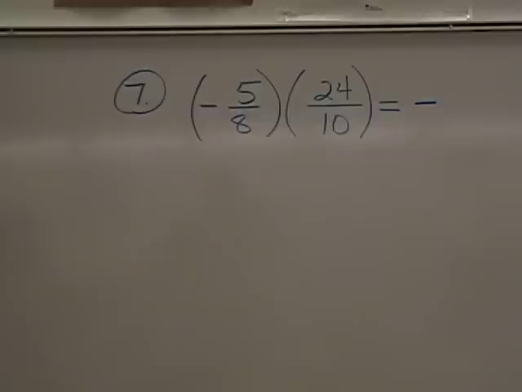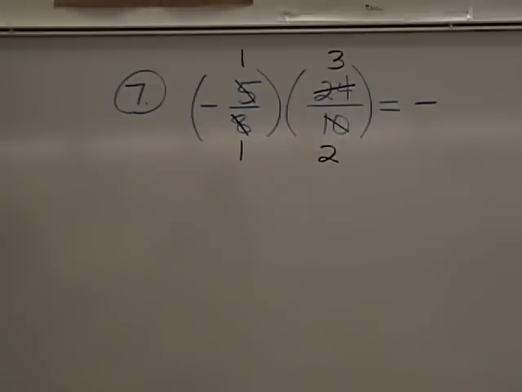Let me show you how it's done. We see that obviously 8 divides into 8 one time, and 8 divides into the 24 3 times. So we've cross-canceled to basically reduce down the 8 to 1 and reduce the 24 to 3. Now we also know that 5 will divide into 5 one time and will divide evenly into 10 2 times.